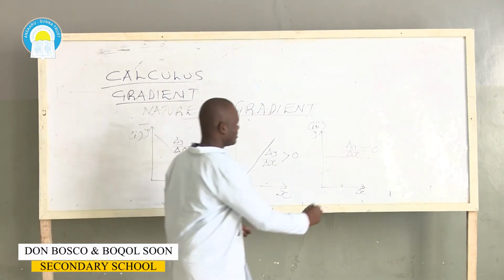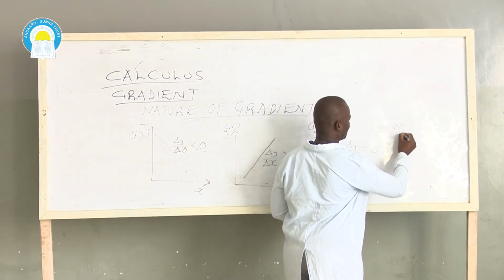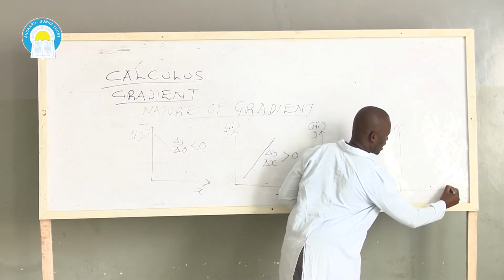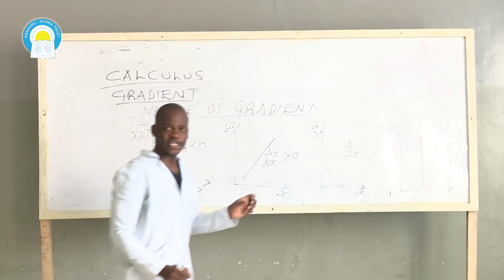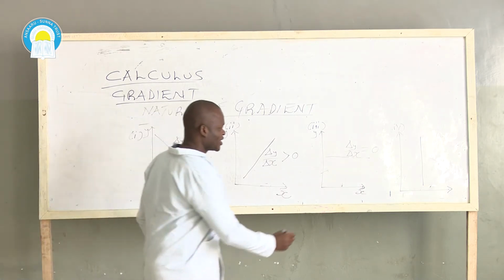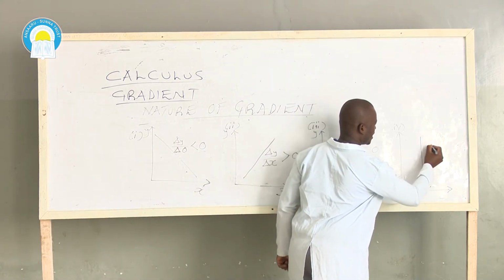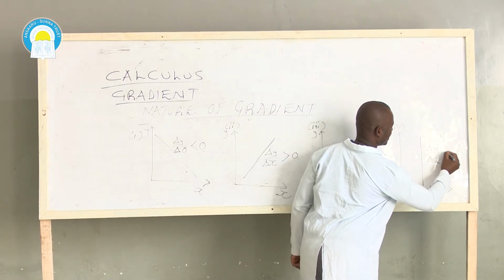Lastly, talking about our fourth nature which a gradient of a line can assume is in regard to what? A vertical line. A vertical line, we have seen that will have what? A gradient which is undefined or infinite.